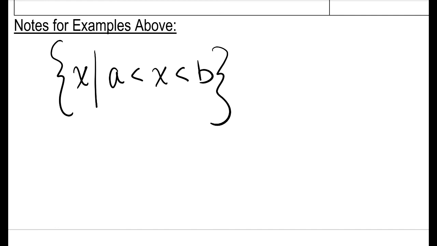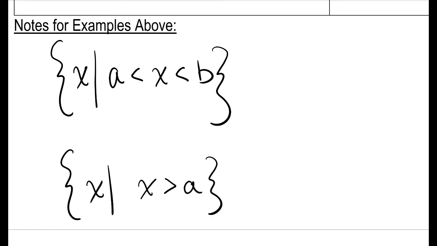So that's one version. Or we could have the fancy bracket, x, vertical line, and then x is either greater than, less than, depending on what numbers we have. So those are our two versions.